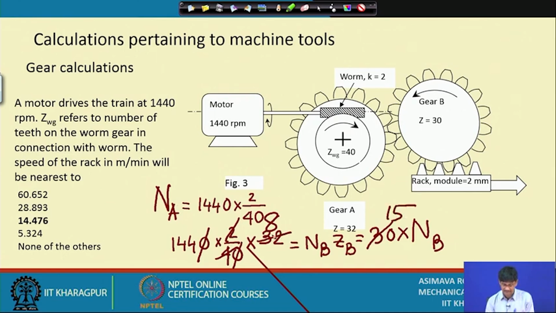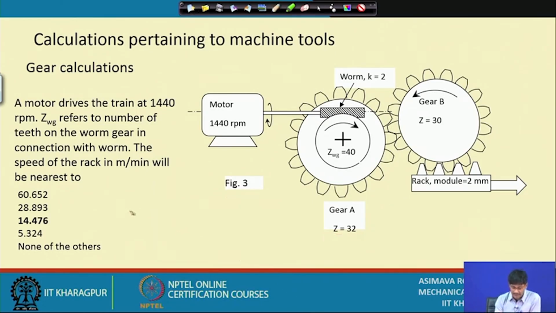So, we have 8 here, 1440, 144 into 8 divided by 15. NB equal to 144 into 8 divided by 15. Okay. What do we have here?